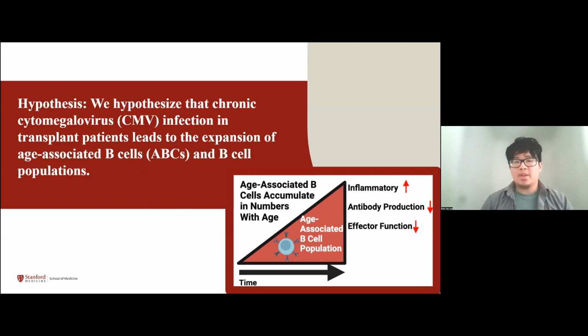So our hypothesis is that chronic CMV infection in transplant patients leads to an expansion of age-associated B cells and B cell populations. And that's a very logical conclusion, because based off literature, we know that age-associated B cells increase with age, but they also increase with viral infection and autoimmunity. Right?